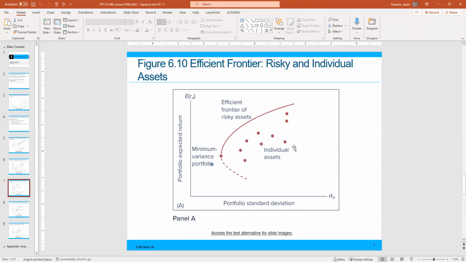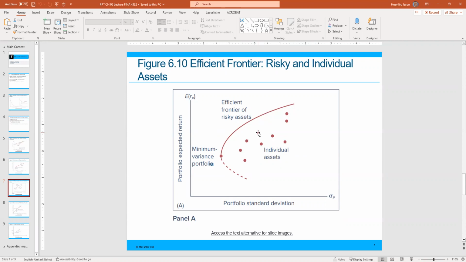Now, here's the deal. This is why a portfolio is more efficient. Let's say we have this stock here. It doesn't matter, it has some standard deviation and some level of returns. What this is saying is that if I combine these in a certain way, I can achieve one or two things.